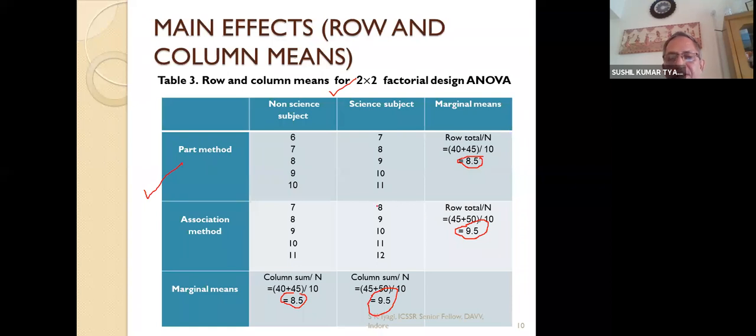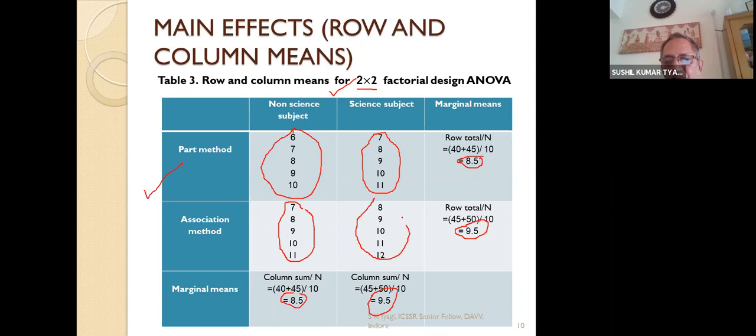First of all, let us consider two things, known as cell means and marginal means. As I told you, this is one cell. 2 by 2 means 4 cells. This is another cell, second cell, third cell, and fourth cell. So we have 4 cells.